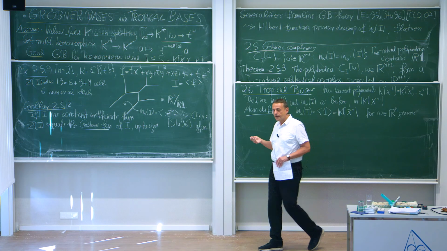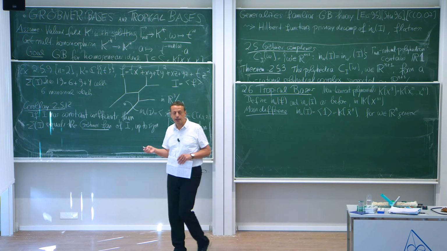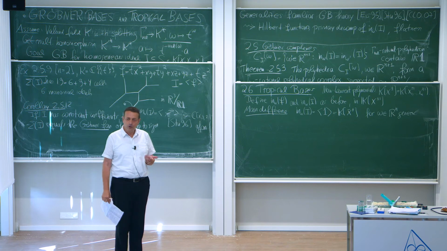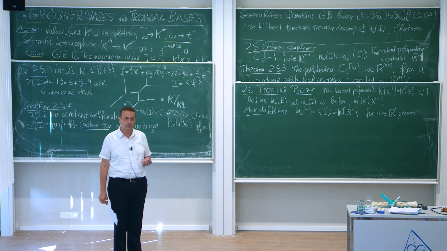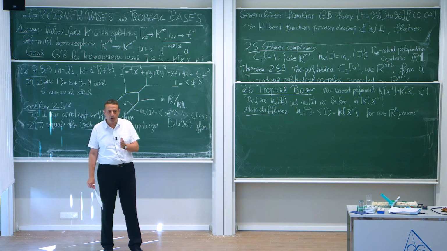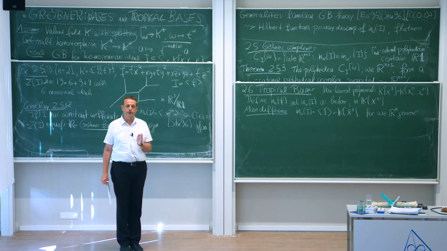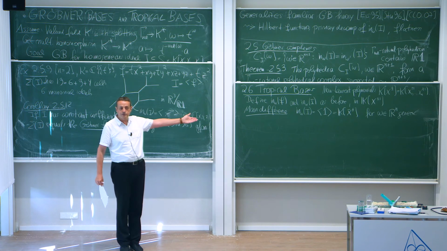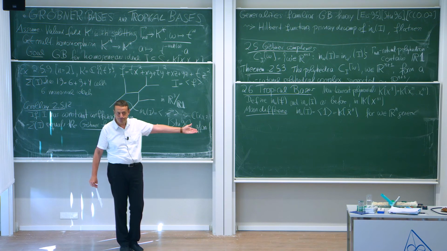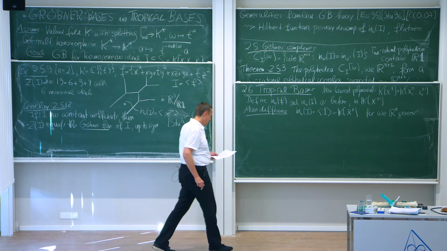Now that's a big difference to the familiar case. If you're in a polynomial ring or you have homogeneous ideals, well then the monomial ideals are very interesting, because the monomial initial ideals correspond to Gröbner bases, and you can do broken circuit complexes and all that, because you have orderings and you have initial monomials. Here, the initial monomial is always 1, because we're in a Laurent polynomial ring. That's an important difference.